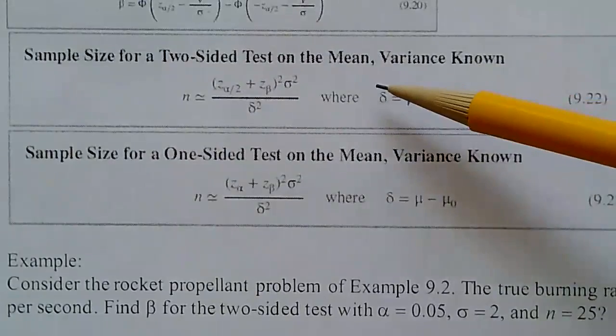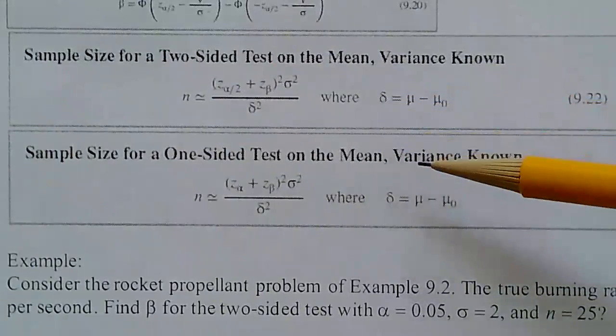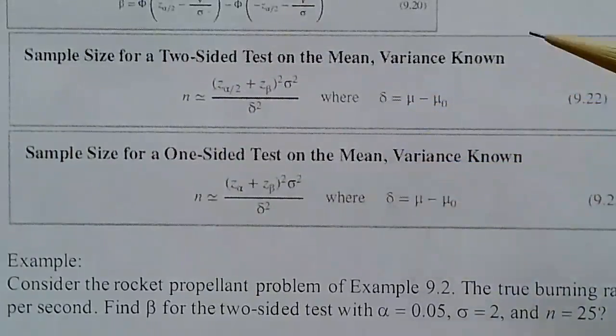Most of the time, you're going to be saying, I know I want the test to have a certain power. Remember, we said power was 1 minus the type 2 error, and that said how robust the test was.